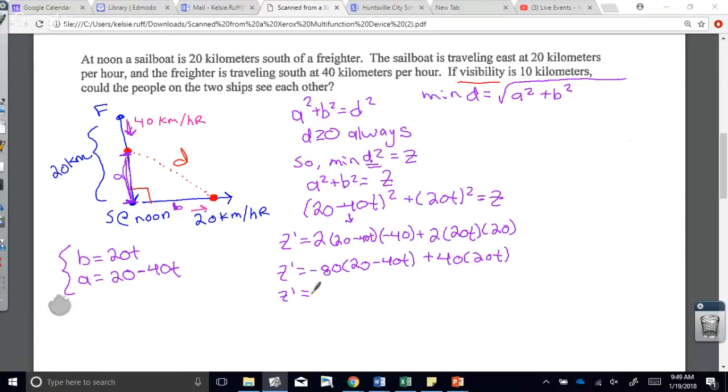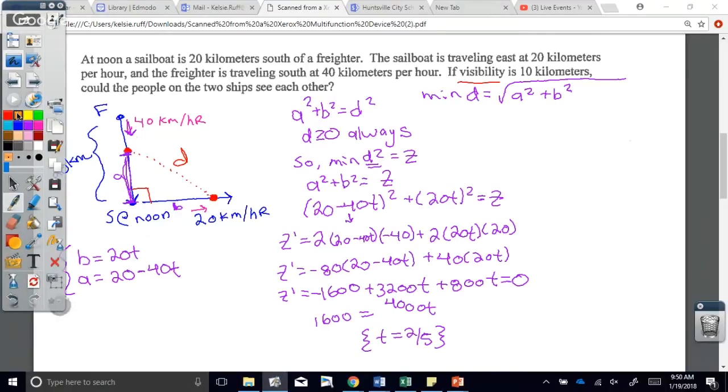So z prime is equal to negative 1,600 plus 3,200t plus 800t. Okay, we're going to set it equal to 0, and we can now solve. So we end up with 1,600 is equal to 4,000t, and t is going to end up being 2/5.